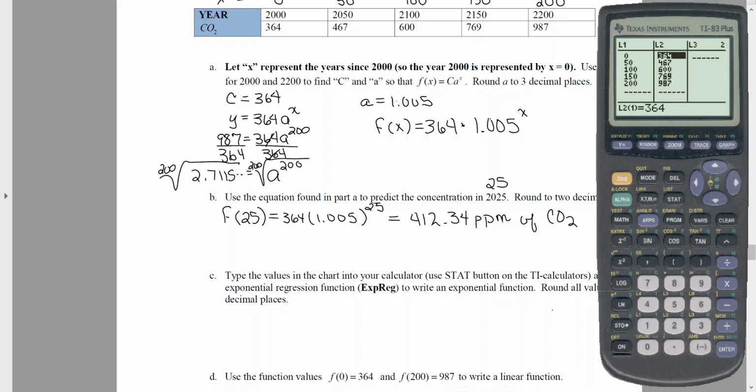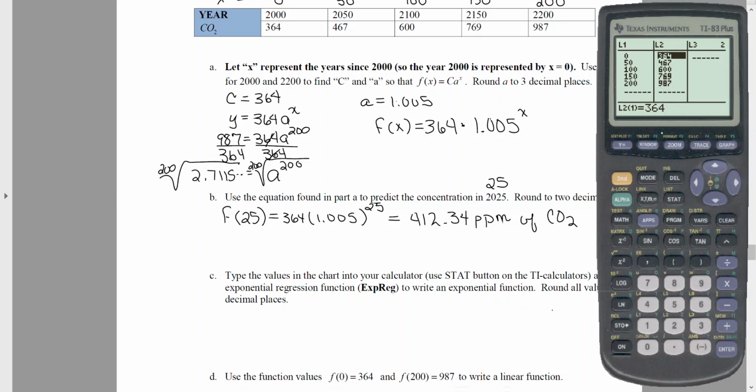Now I've already typed in my values. So at the year 2000, notice I didn't put in 2000, I used my number 0. 2050, I used 50. 2100, I only used 100. The 150, and then the 200. And then typed in the corresponding output or Y values.